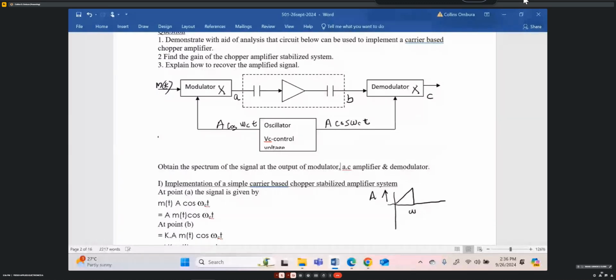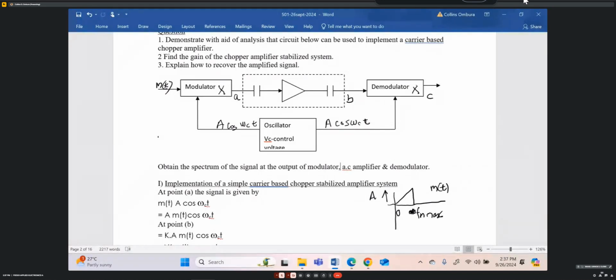So this is the spectrum of m(t), or the Fourier transform of m(t). Let's assume it's like that, from 0 hertz. Instead of confusing with omega, let's just use frequency f, let's call it f_m, m to denote our information signal, f_m max.